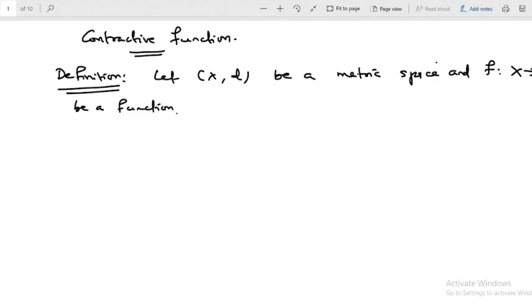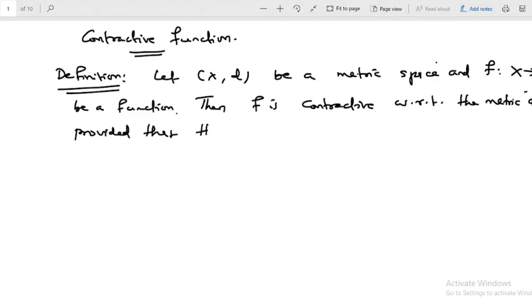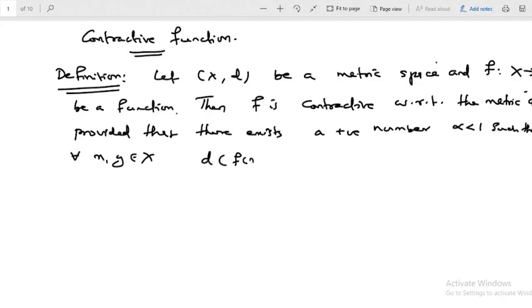And f is contractive with respect to the metric d, provided that there exists a positive number alpha less than 1 such that for every x, y belongs to X, distance between f of x and f of y is less than or equal to alpha into distance between x and y. Okay, this is a contractive function.